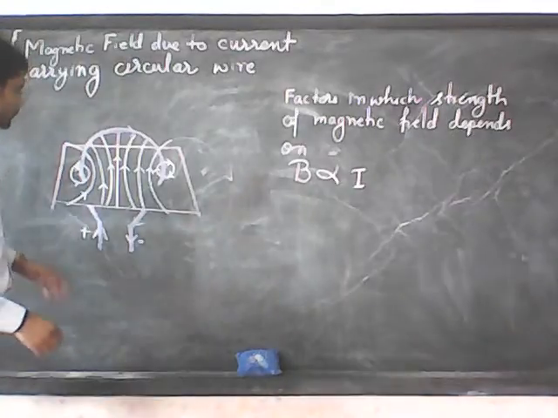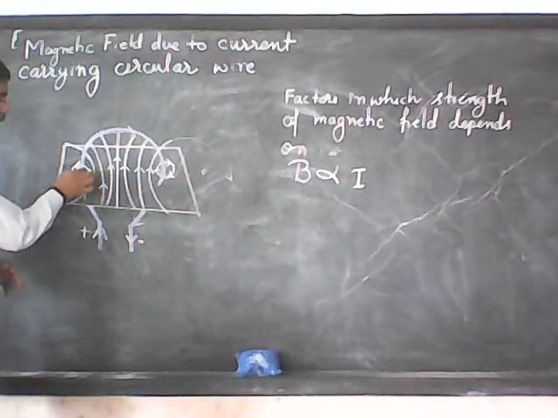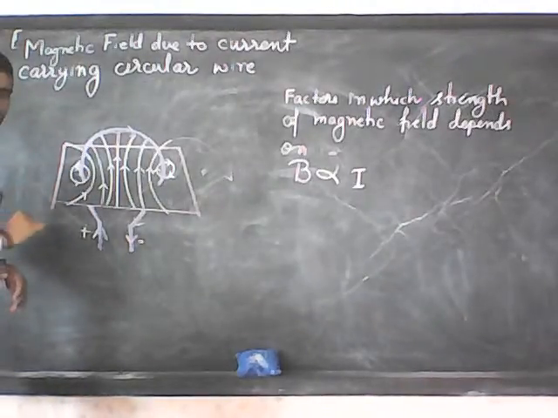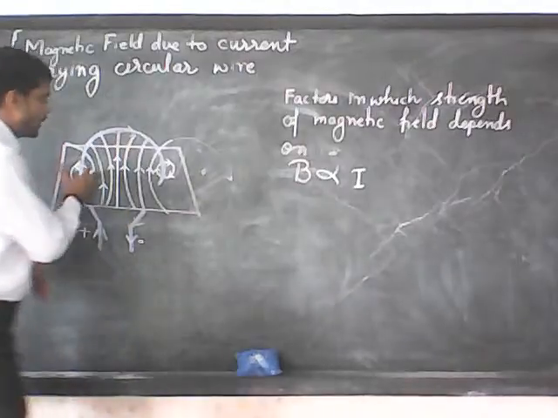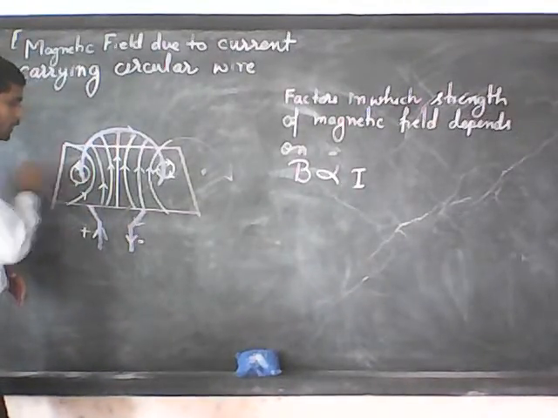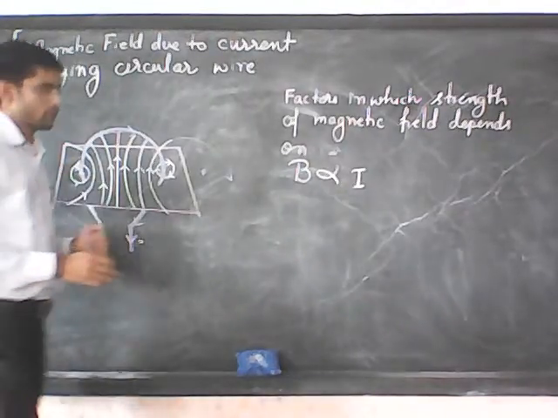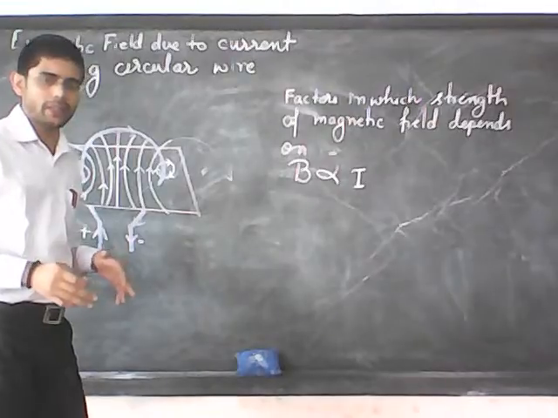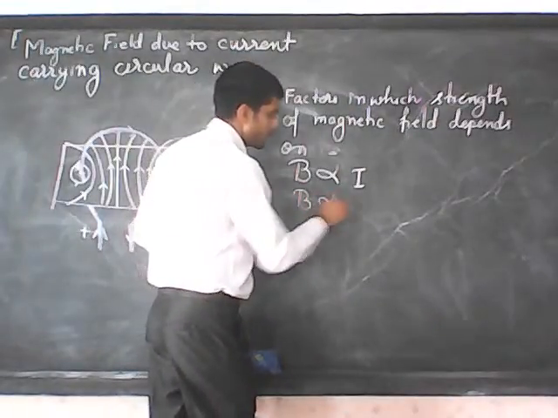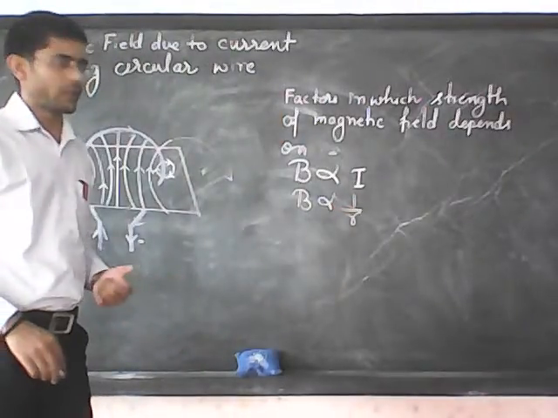Another, you will see that near to the wire, the magnetic field will be more. But as soon as you move away from the wire, the magnetic field will reduce. That I have already shown you in the activity. So it means that it is inversely proportional to the distance from the wire.